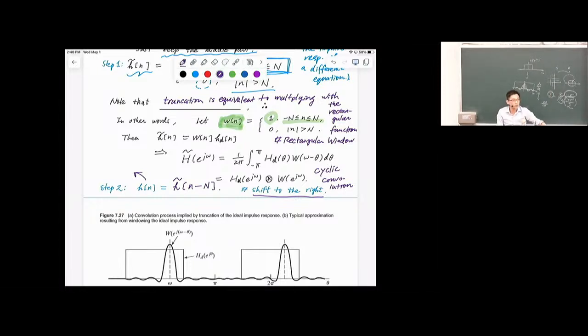So strictly speaking, now our design H(e^jω) is equal to the ideal H(e^jω) times e^(-jωn), and there should be a negative sign. So the resulting filter is just a shift, to make it rigorous, so that we can talk about implementation and make it causal.